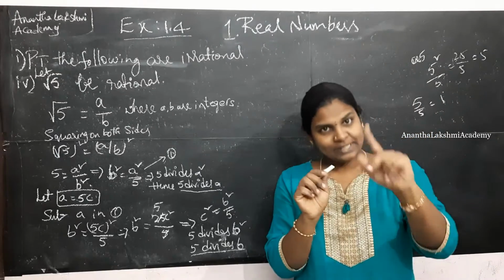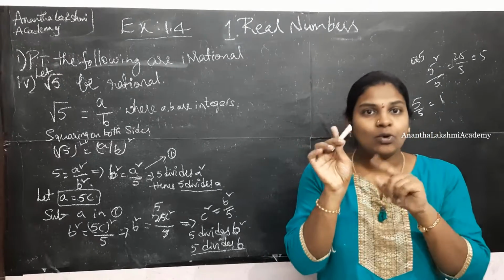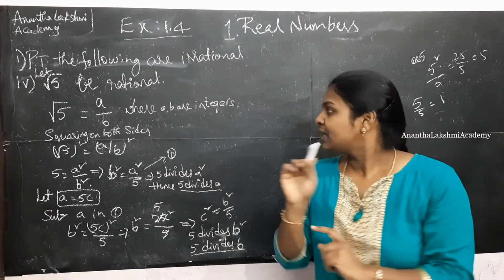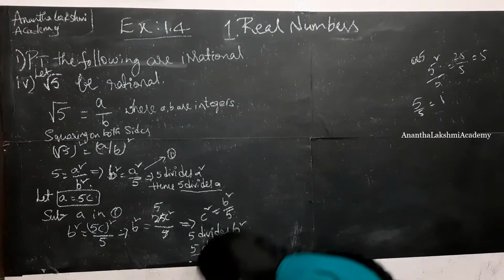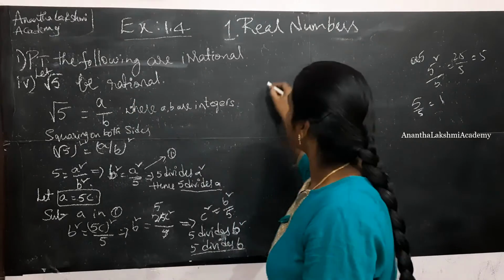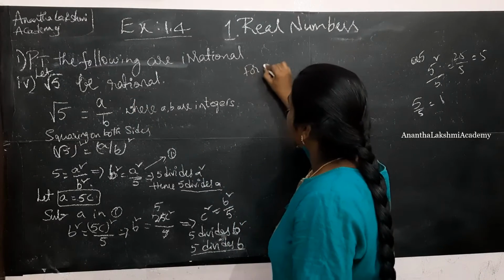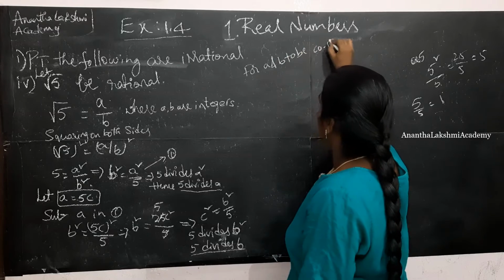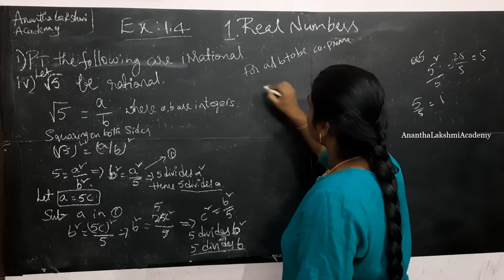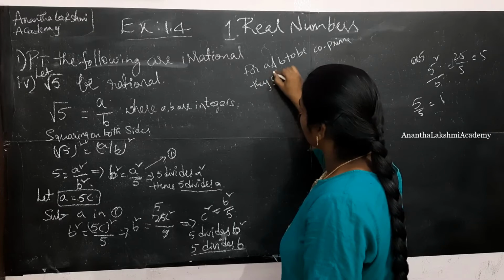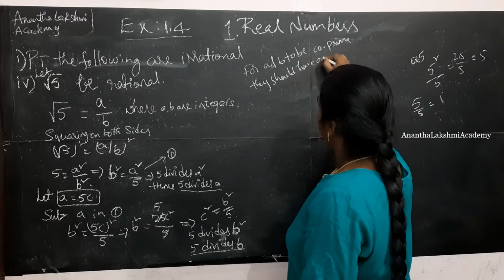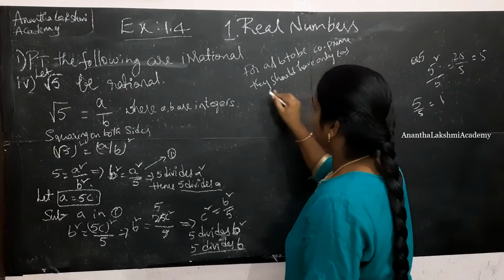When I say two numbers are co-prime, there should be only one common factor for them, which is 1. So for a and b to be co-prime, they should have only 1 as common factor.